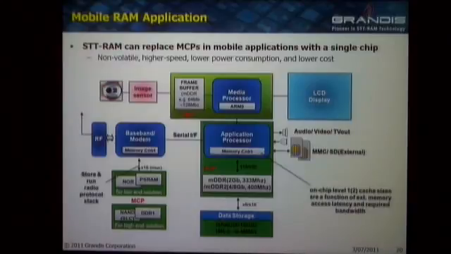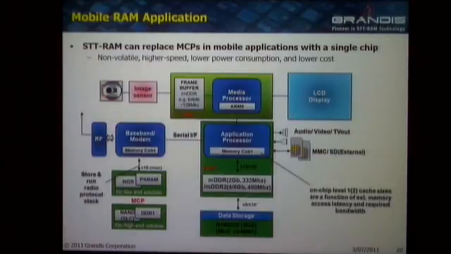You can replace them with STT-RAM in a single chip and have a chip that's non-volatile and fast, and also potentially cheaper once the yields reach the right level, because you only have one chip, and also cut down on the power consumption. The power you need to drive these chips compared with flash or DRAM, where it recycles all the time, can come right down. So it's very interesting for these mobile applications. I think that would be one of the first applications.